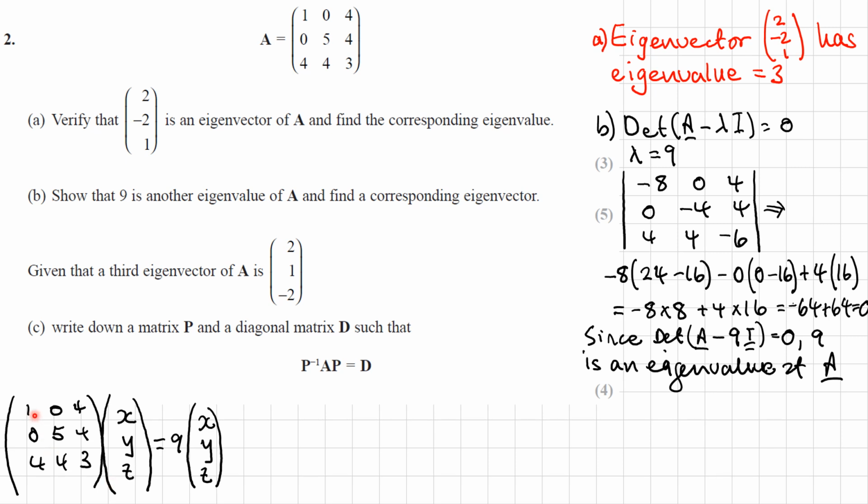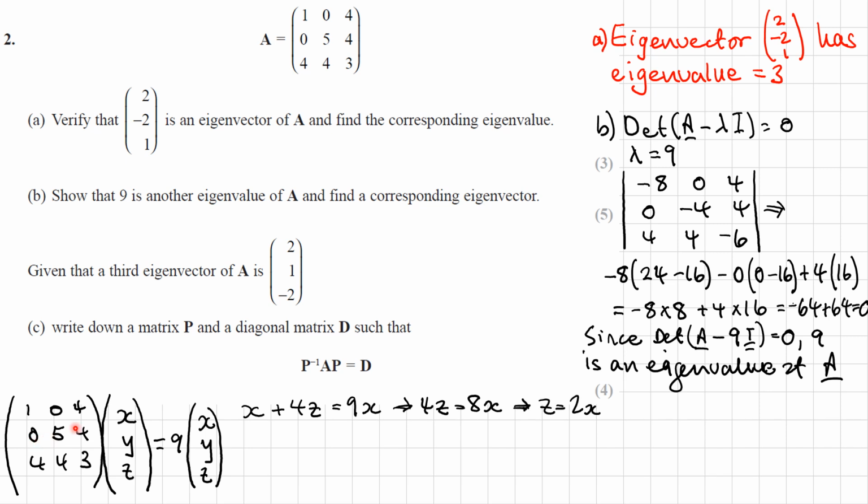Right, so we will have x plus 4z is equal to 9x. That basically means that 4z is equal to 8x. I can divide everything by 4, and z is equal to 2x.